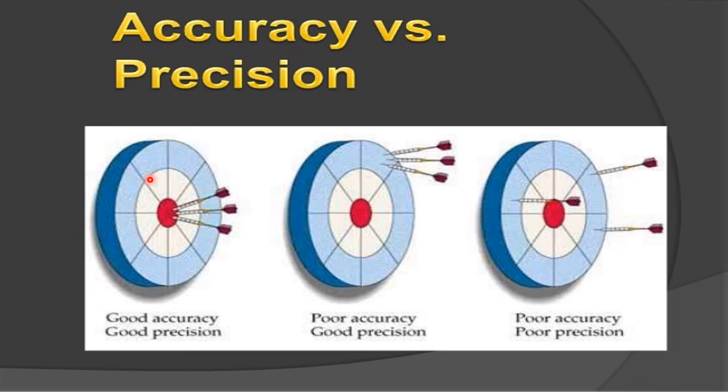In the first picture you see good accuracy as well as good precision. Where it is accurate, there only precision has been targeted. In the second picture you see good precision is there, but it is not accurate. In the third picture you see poor accuracy and poor precision is seen.